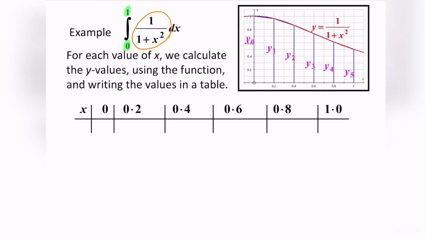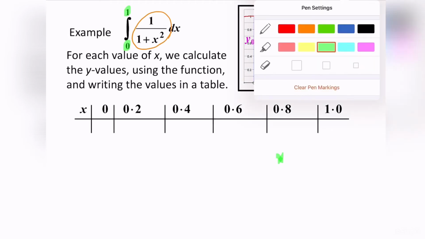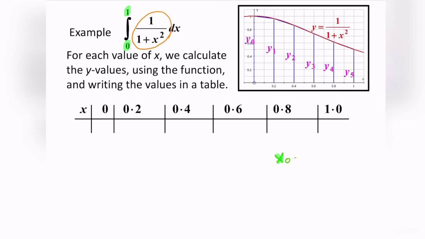So that means x naught equals 0. This is the first value to start. And then, if you look at the graph here, this is the 0, and then there is a width here, which is h, and the value of h, we said, is 0.2. We found it already. So therefore, the next value, x1, is going to be x naught plus 1h.